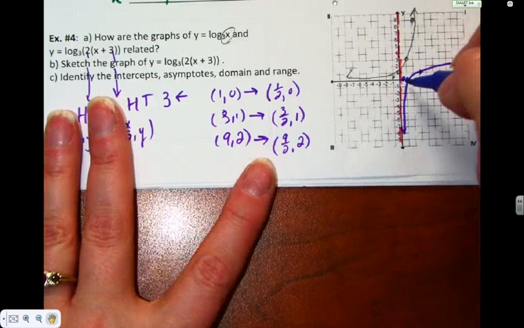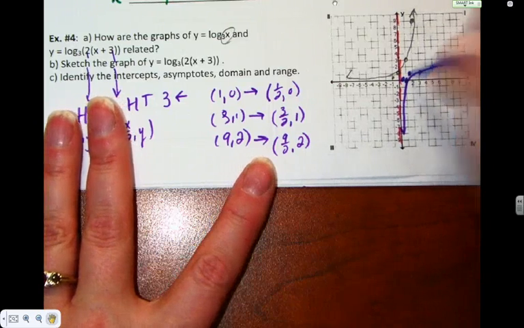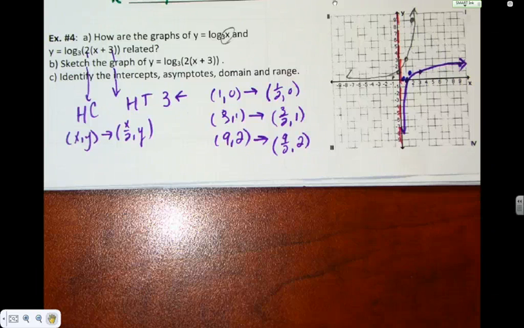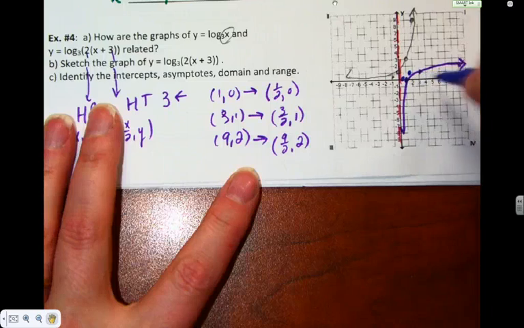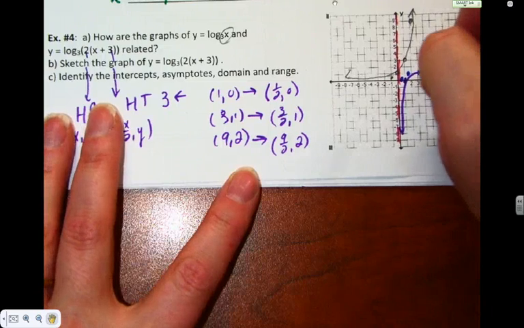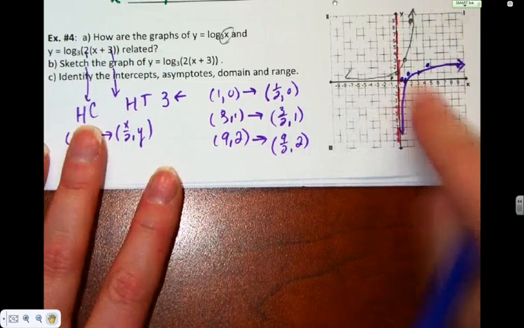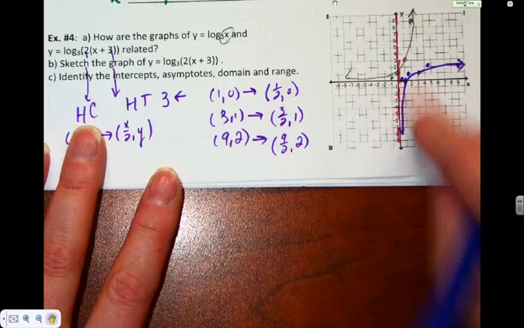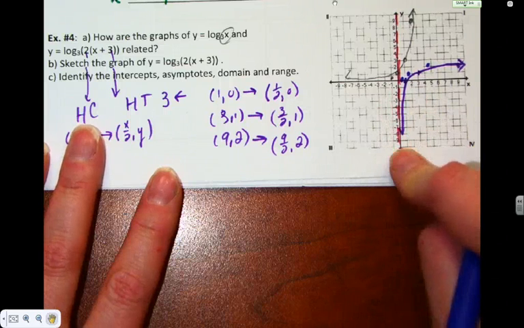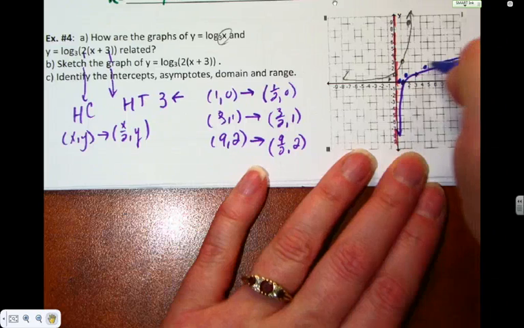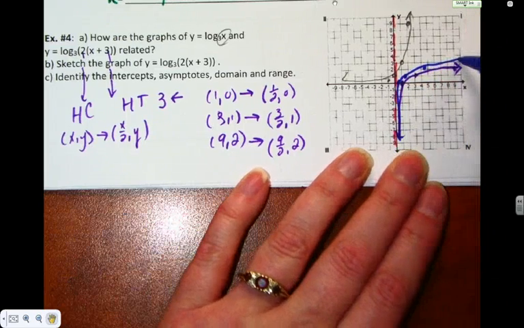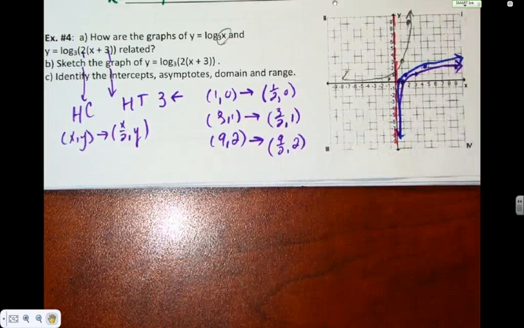Yep, so 1 and a half over and 1 up. And where do I plot 9 over 2? So 4.5 and 2. And what do I do with these points that would have been down here that I don't really want to talk about because they're so small? Yep, just keep going. So it's going to cross through these 3 and approach the asymptote. Did you squish it in towards the y-axis?